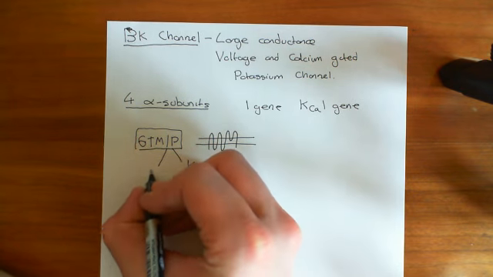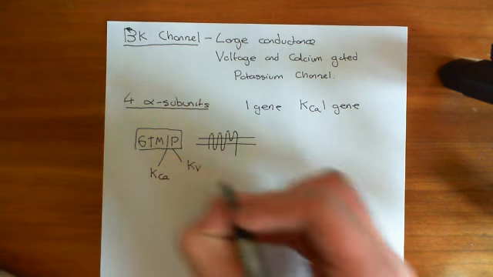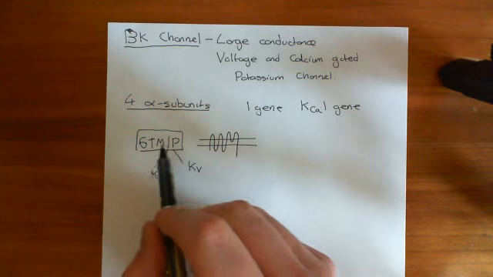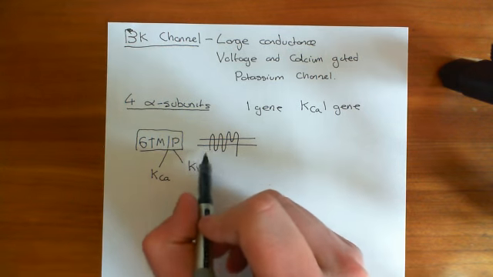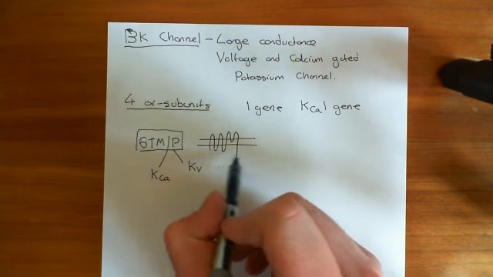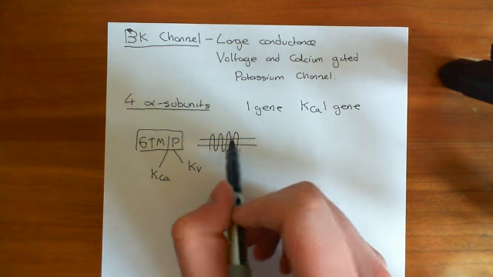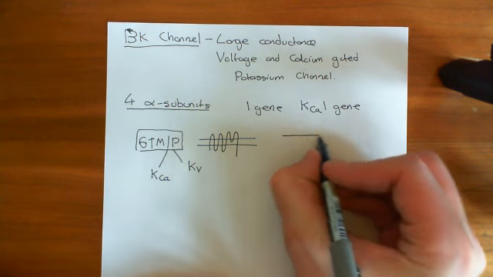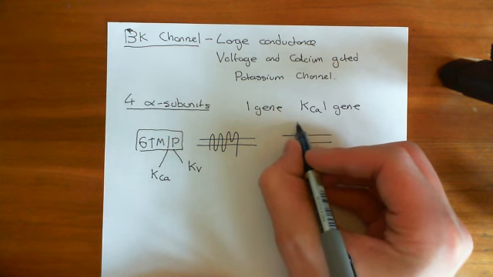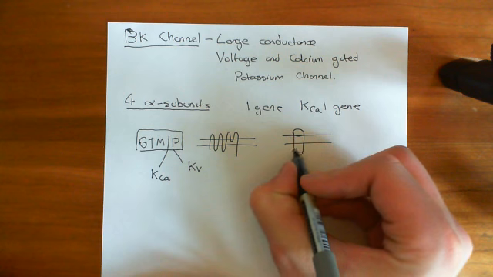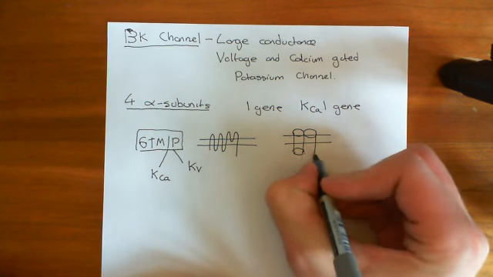On the other hand, there are also the KCAs, which are calcium-gated potassium channels. There are genes which code for a structure like this, again called the alpha subunit, which joins together with 4 other alpha subunits to make a structure that looks like, how should I draw this, 4 cylinders effectively that surround a pore like so.